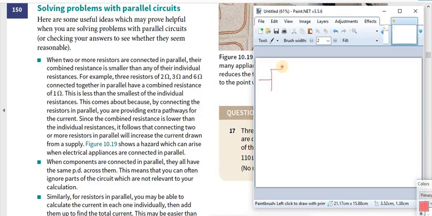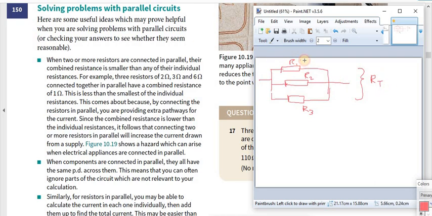Okay, so we have here R1, R2, and let's say we have a third resistor R3. Now the 3 resistors are connected in parallel. So the total resistance of this part, RT, should be less than the least resistance.